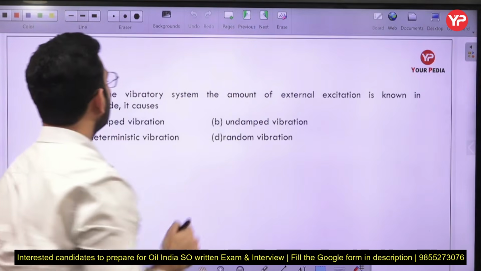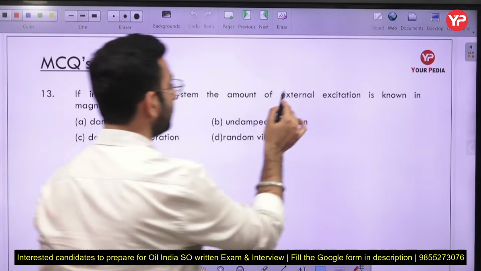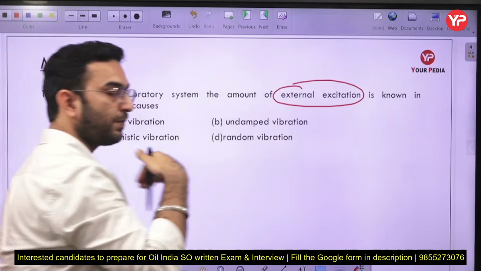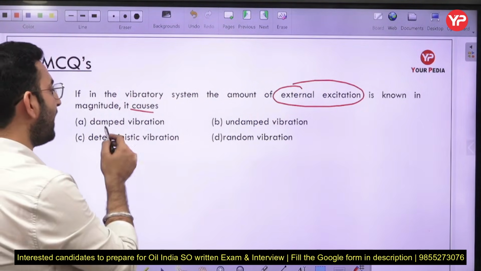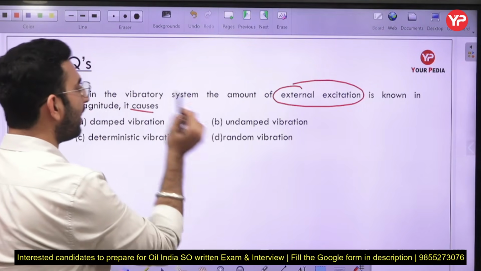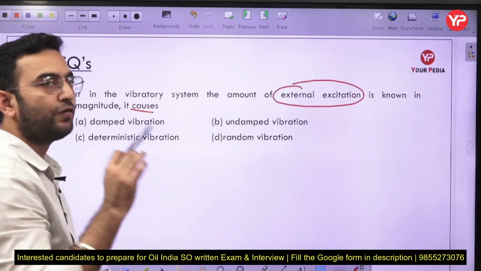Next question: if in the vibratory system the amount of external excitation is known, that means the external forces you are applying over the system are known to you, then it causes which vibration: damped vibration, undamped vibration, random vibration, deterministic vibration. First of all, that will become a case of forced vibration.